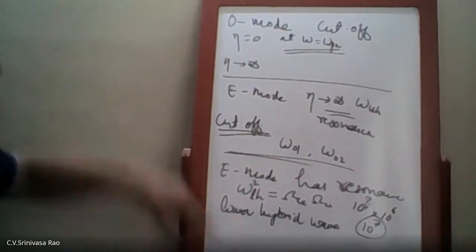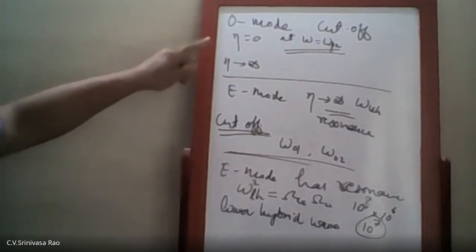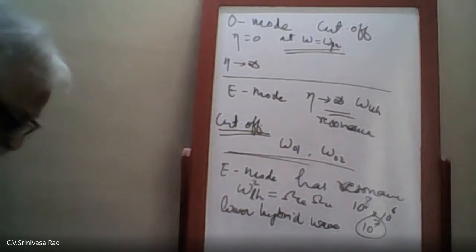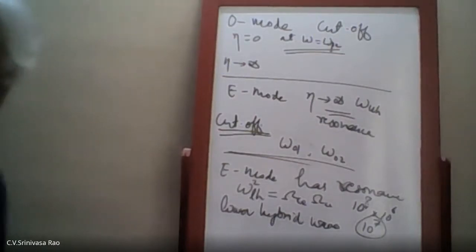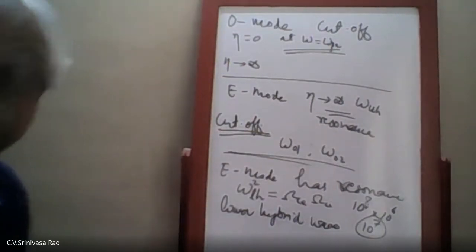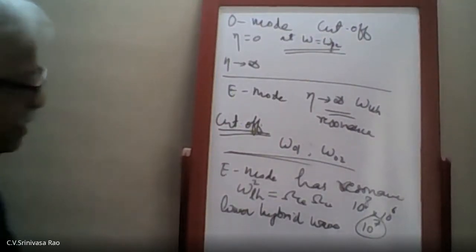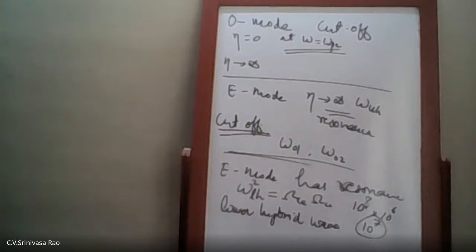You got lower hybrid, upper hybrid, and then you have got the electron cyclotron wave and the ion cyclotron wave. I think this much for today. Next class, basically, we'll go for the CMA diagram.